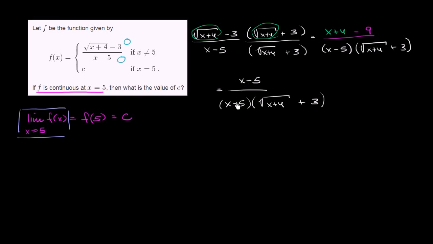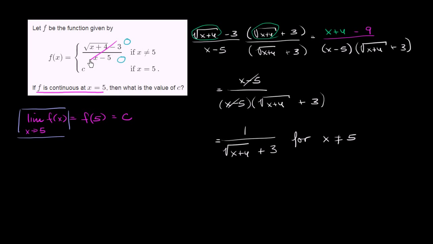So you can have a completely identical expression if you say that this is the same thing. You can divide the numerator and the denominator by x minus 5 if you assume x does not equal 5. So this is going to be the same thing as 1 over the square root of x plus 4 plus 3 for x does not equal 5, which is fine because the first part of this function definition is for the case x does not equal 5.